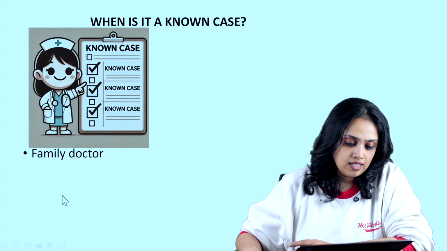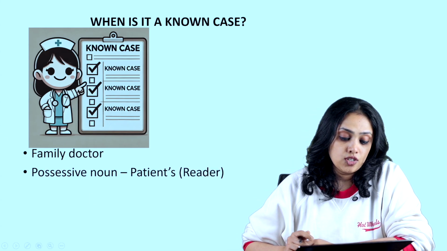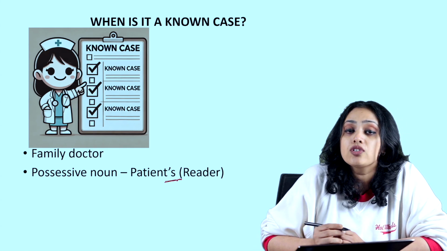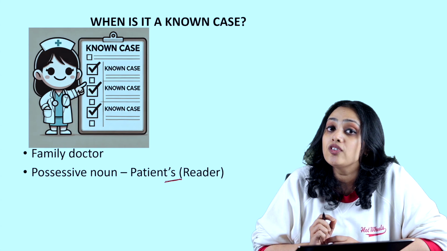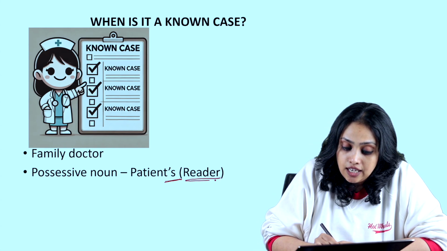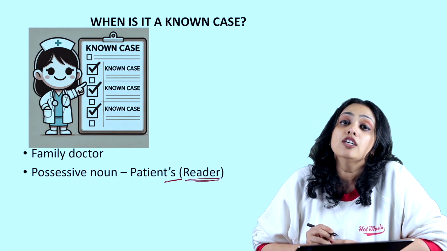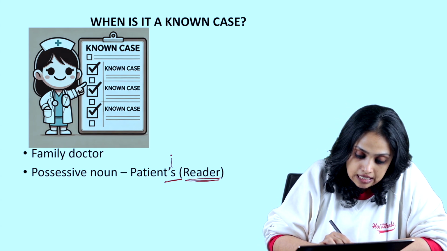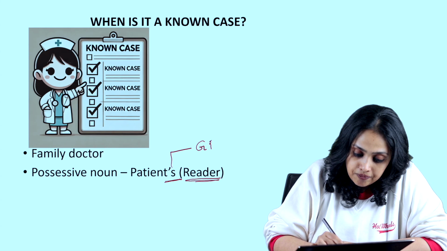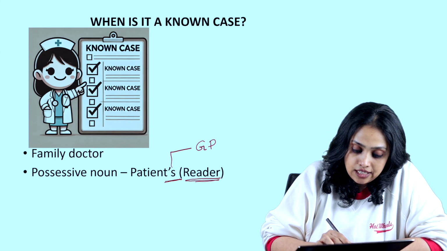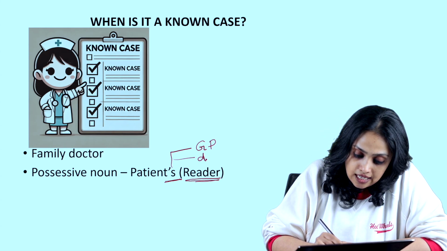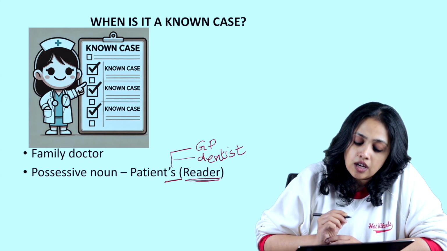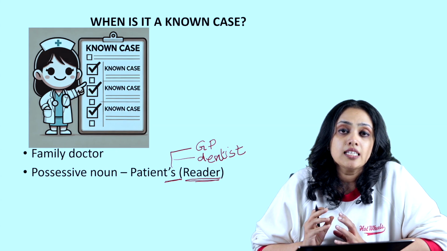Another instance is, if you see the presence of the possessive noun, that is patient's, with the apostrophe S before the reader's designation, then you should understand that it is a known case. For instance, if you're asked to write a letter to the patient's GP, or to the patient's dentist, in all these situations you have to understand that it is a known case.